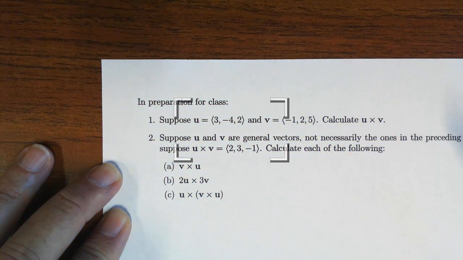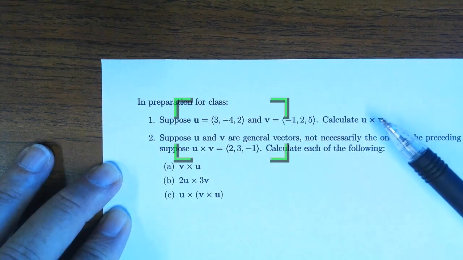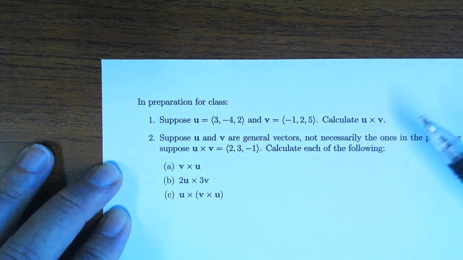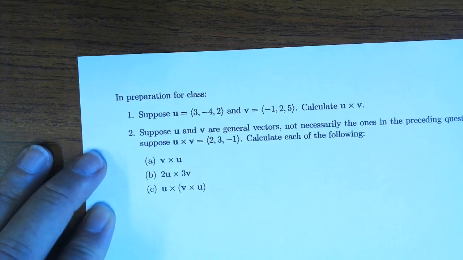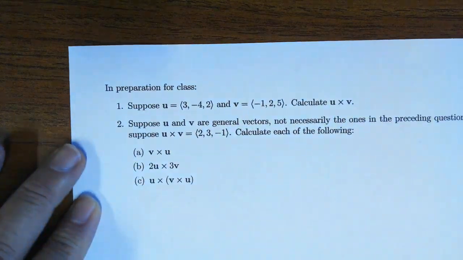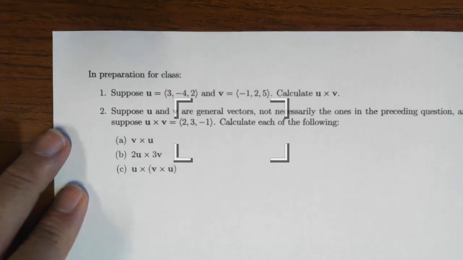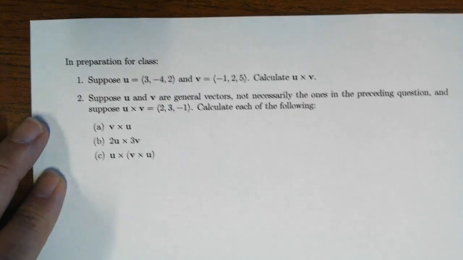V is the vector <-1, 2, 5>. Calculate the vector U cross V using the expansion method that I showed you on the previous page, or the formula that I showed you even before that, the one that I can never memorize myself.